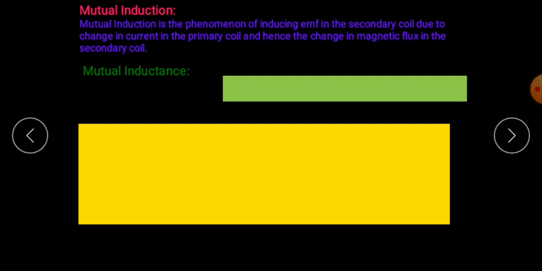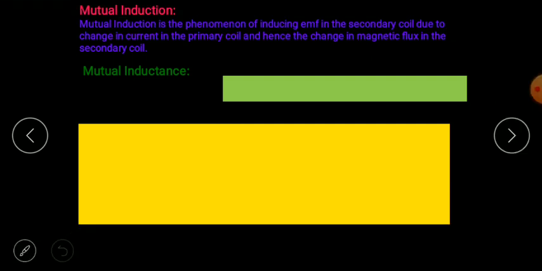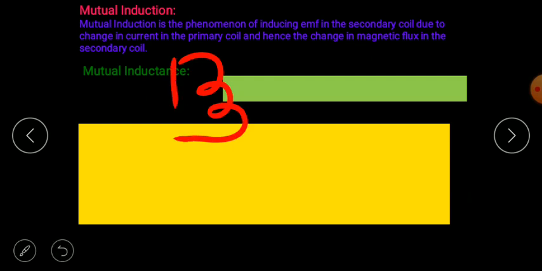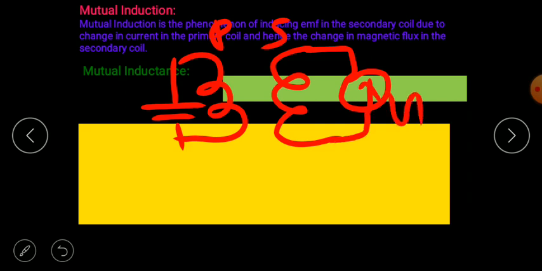Let's understand this by taking an example. Consider two coils, P and S. Coil P is connected to a battery and key, and coil S is connected to a galvanometer.